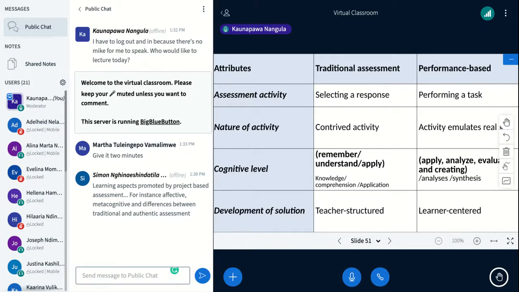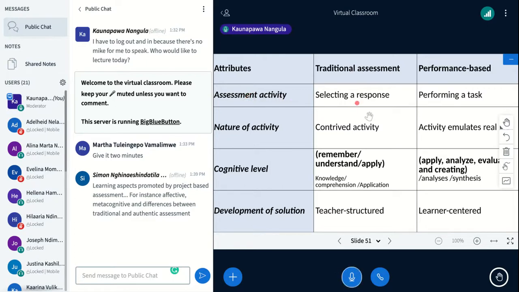Okay, the attributes. We're going to look at the attributes of assessment in terms of traditional and performance-based, and then we look at assessment activity.